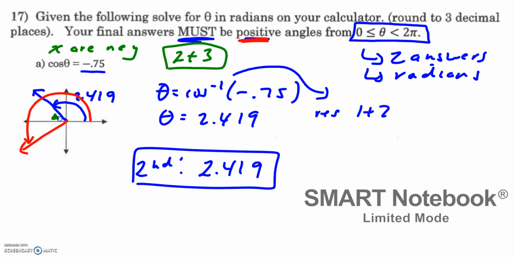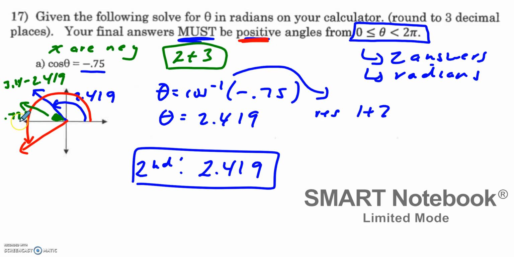And everything has to do with reference angles. So if you look at this little green angle here, to find this piece, the blue angle, the 2.419, goes to here, but it doesn't quite get to 3.14. So if I want to find this little green angle, it would be 3.14 minus 2.419. So this little guy is going to be 0.721.